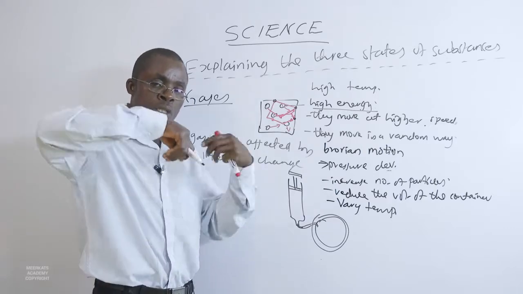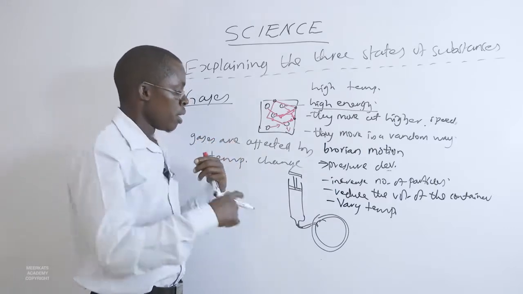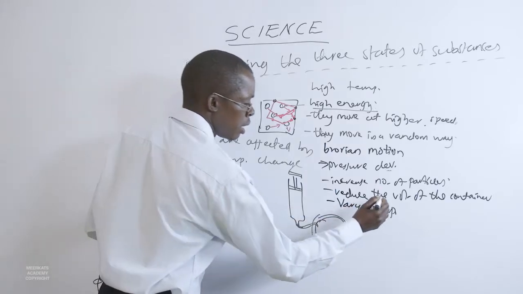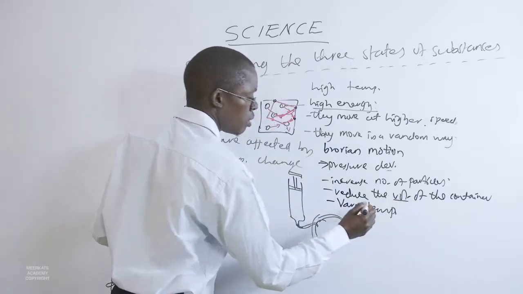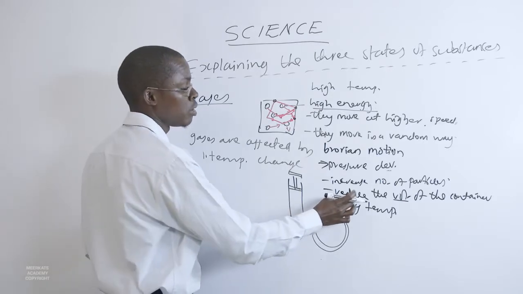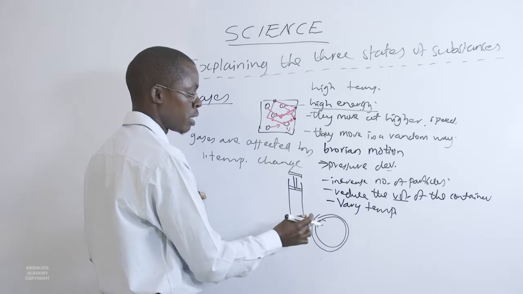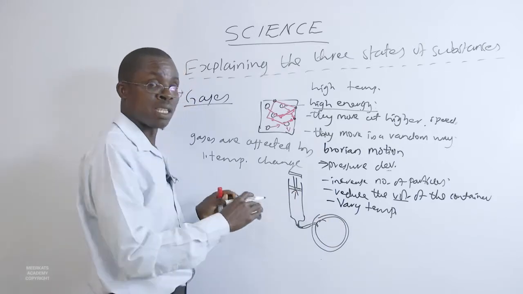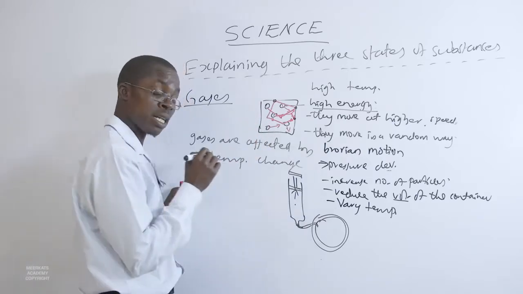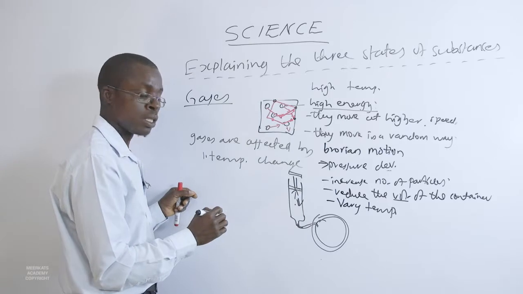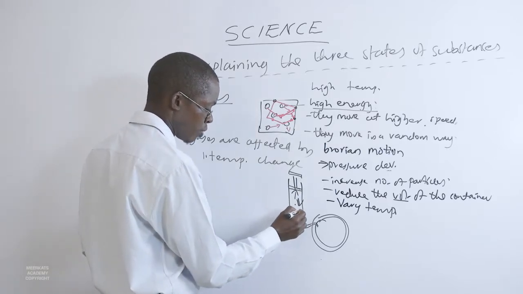When you push, you pull up, what you are doing is you are varying the volume. In fact, it's not just reduce, but vary the volume, such that when you are moving up, by increasing the volume, you reduce the pressure inside here. But when you push downwards, you reduce the volume.